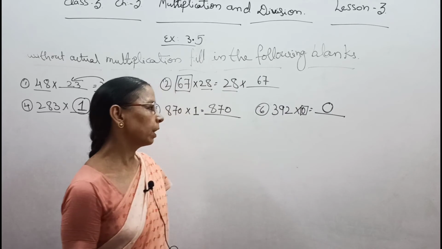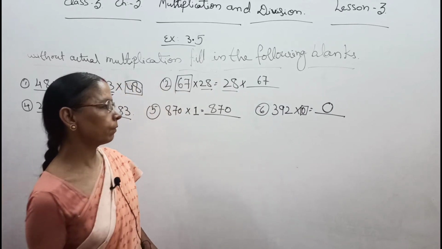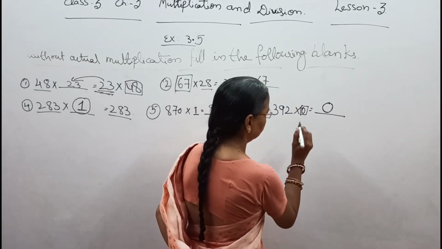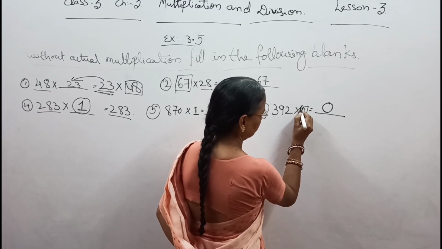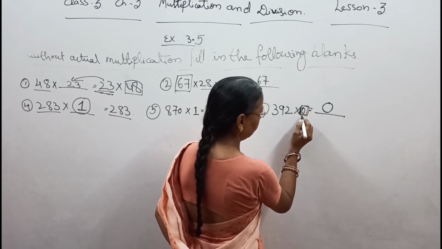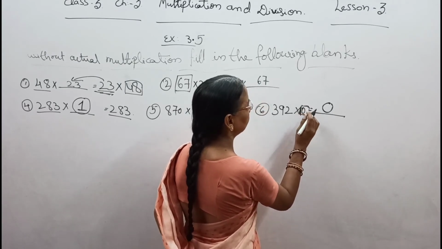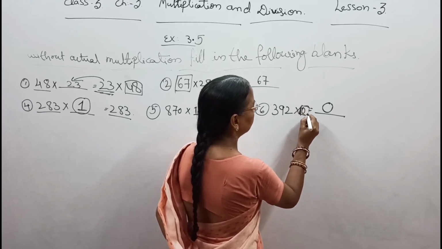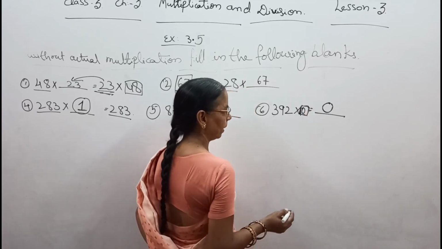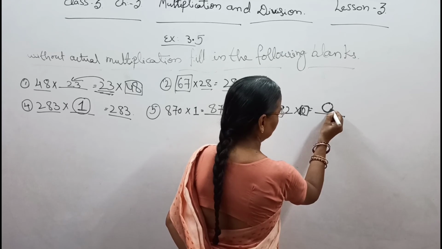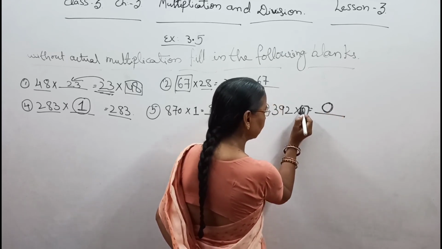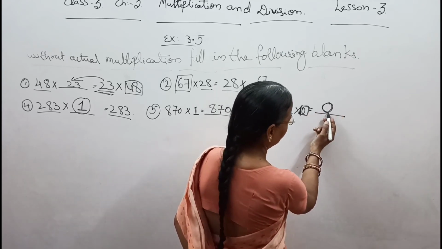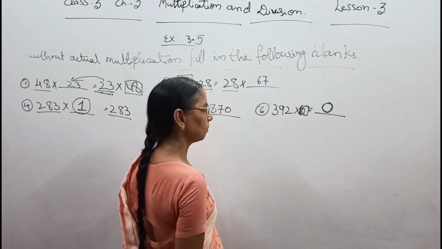So we have no chance to change it, because 0 will have its only value of 0. If we add 0 to any number, then the number will be changed.